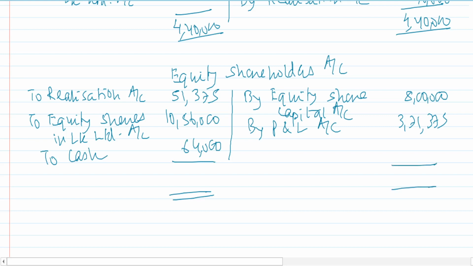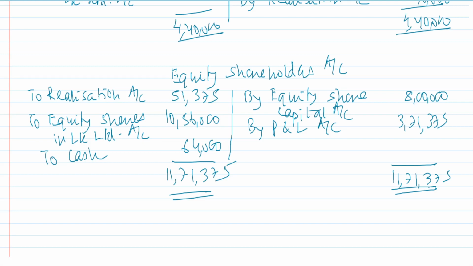If everything is correct, the two totals will match. This closes the books of K Limited. Books of K Limited are closed.